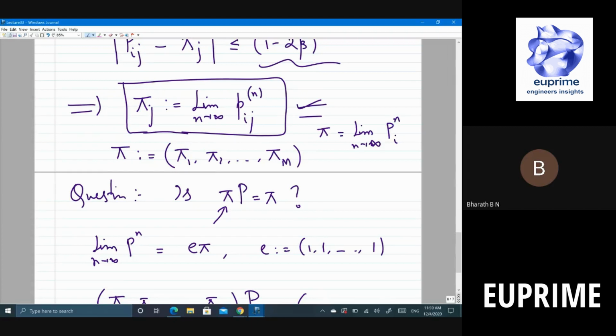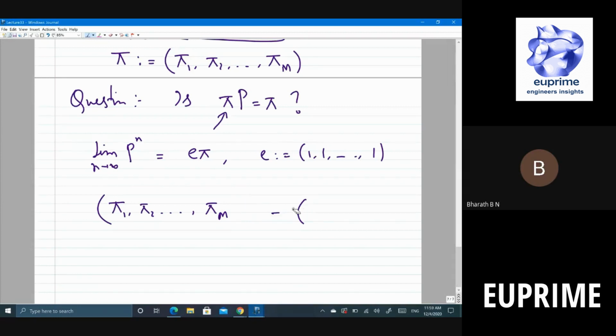You take any j, that's what you have, right? Do you agree? Or in other words, I can write it like this. Okay, sorry about this, I'll be rewriting it again and again. So this is what it is, right? If you look at P power n, as n goes to infinity, what will happen? All the rows will be pi, right?